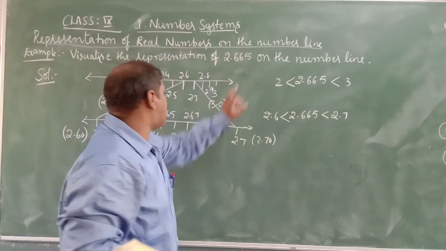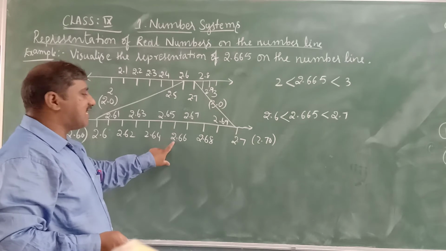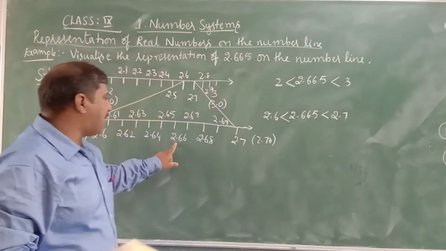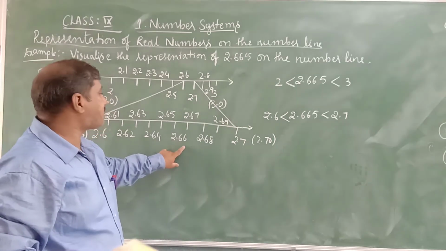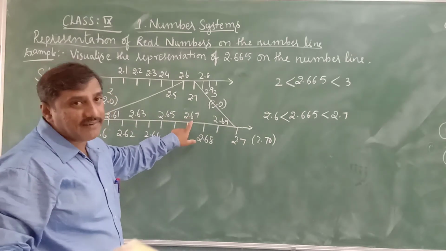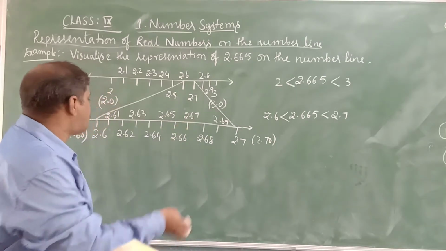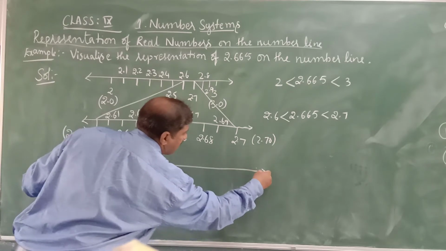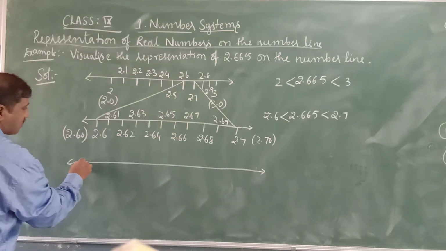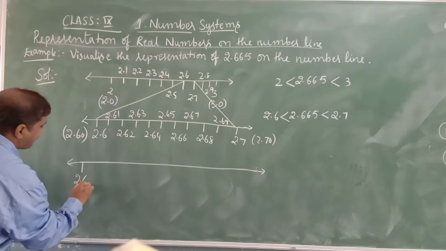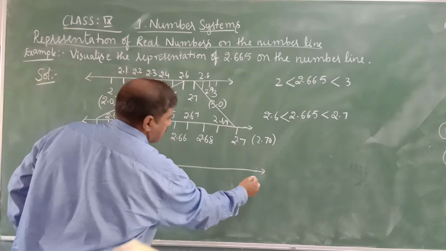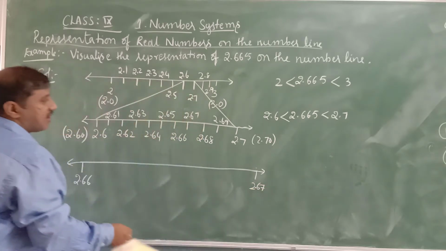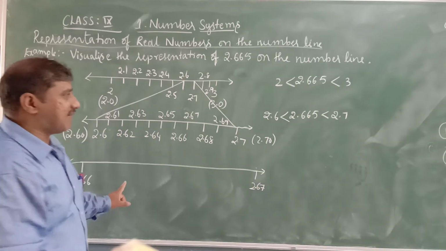Next, the number is 2.665. The second digit is 6, so we have 2.66. The third digit is again 5, so definitely it will be more than 2.66 and less than 2.67. So that number lies between 2.66 and 2.67.